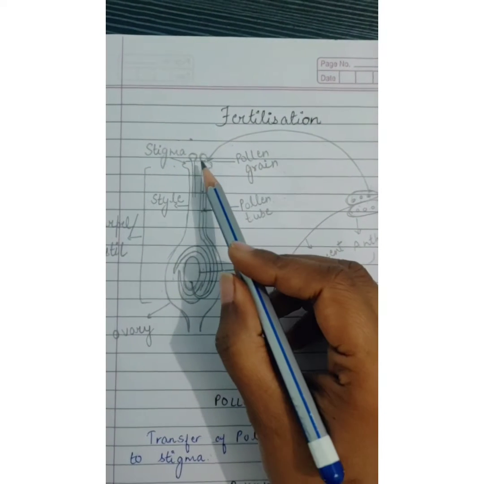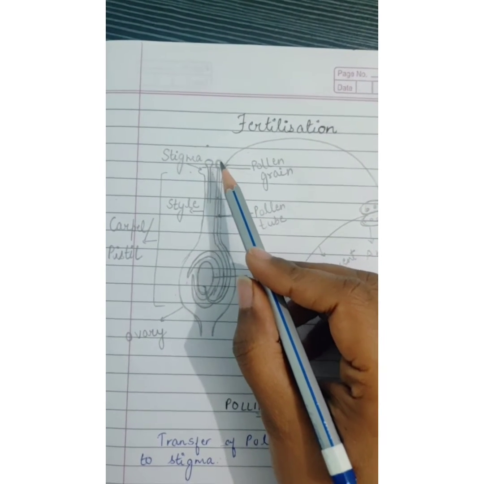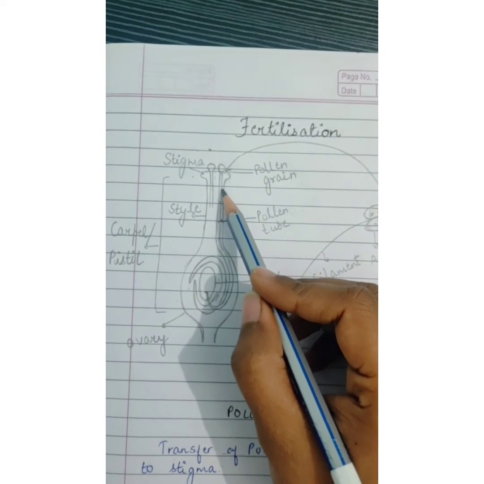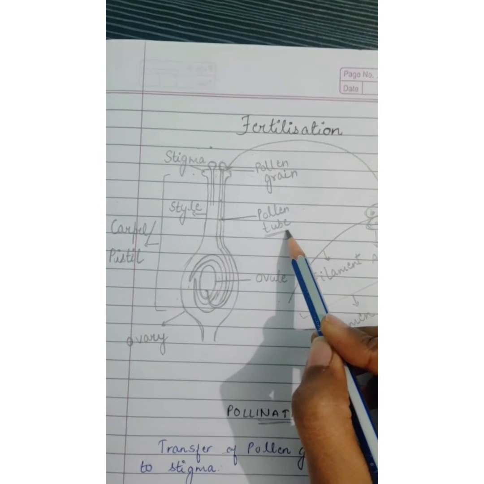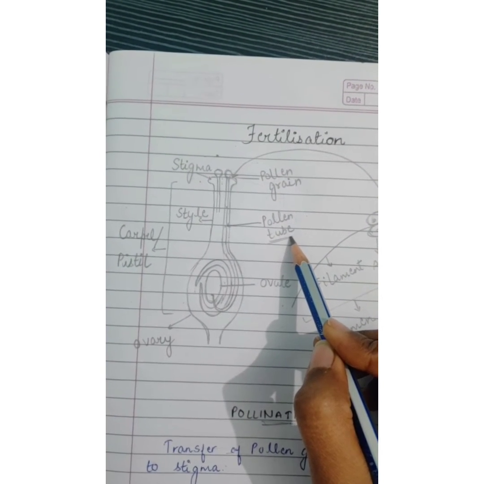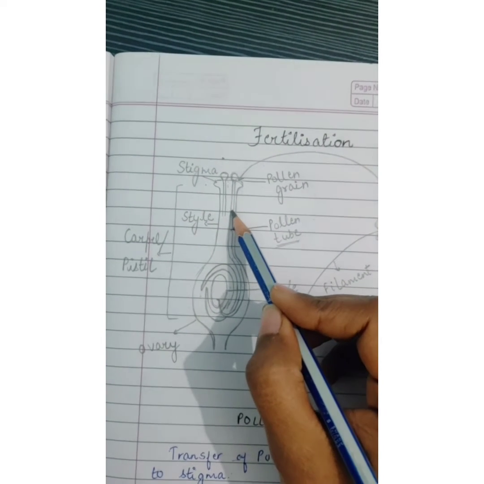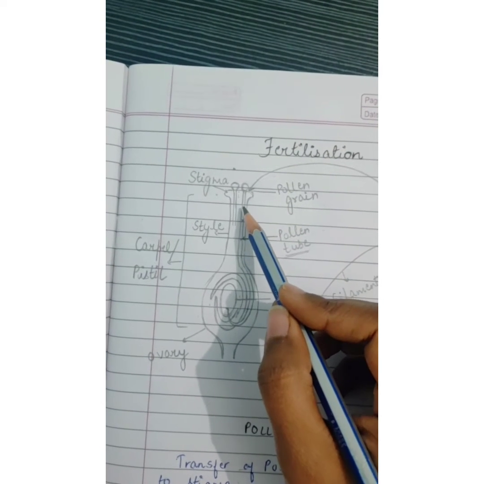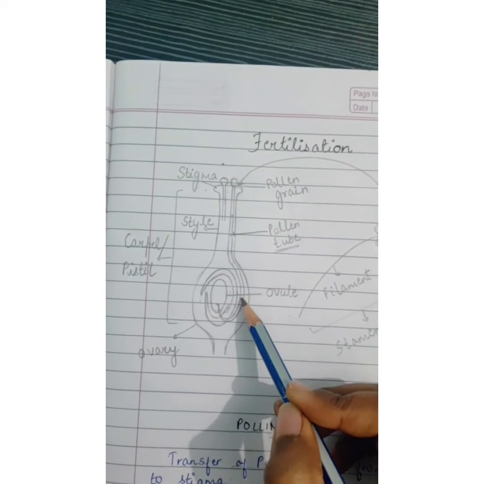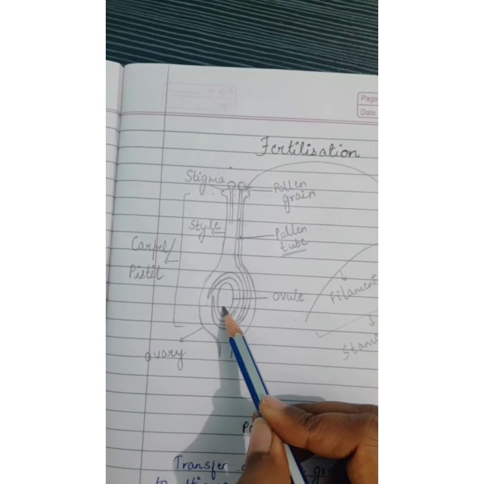After the pollen grain lands on the stigma, it forms a tube. This tube is known as the pollen tube. The pollen tube carries a male gamete. It grows through the style, reaches the ovary, and finally reaches the ovule.